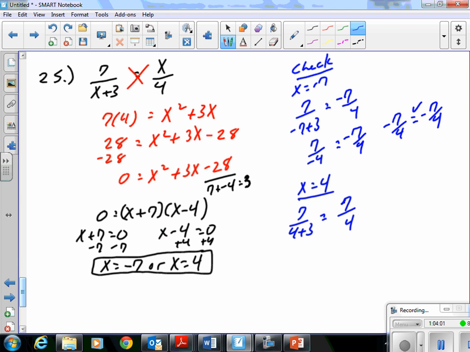So plug those together. 7 over 4 plus 3 is 7 over 7. Oh, and I plugged in 7 instead of 4 there. Should be 4 over 4. So 7 over 7 equals 4 over 4. Or those simplified to 1 equals 1. So that works too. So both of those are going to stand as our solutions.